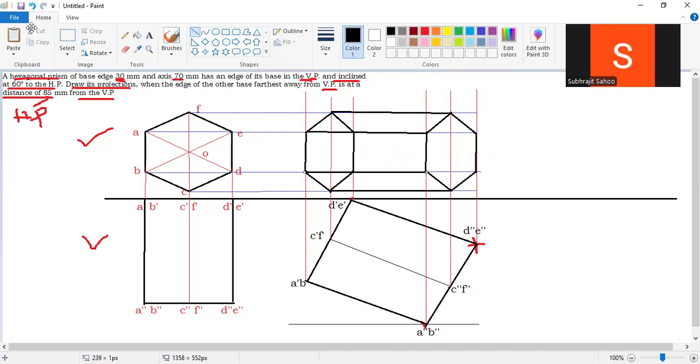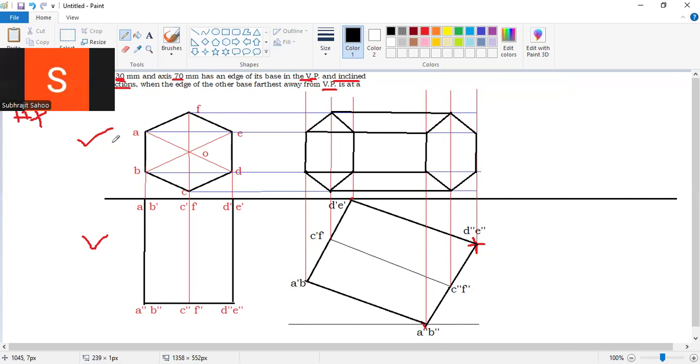Why did I say this side should be a dotted line? Observe: this side is the back side, this side also the back side, not visible. That's why these three will be visible, this face and this shape will be visible. This is the diagram here, right, sir? I have done this based on the criteria given here, right?